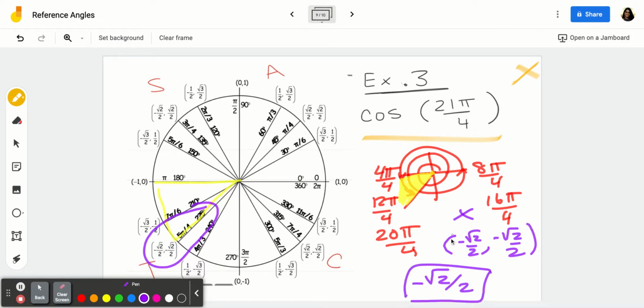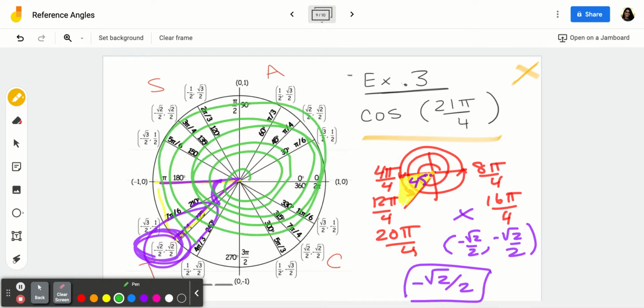Let's take a minute to understand what just happened. Again, we traveled around the circle many times, ended up here with a 45-degree or pi over 4 reference angle, which I'm using also right here. There's the 45 degrees or pi over 4 reference angle, and that's where these numbers came from. So again, if you kept going around the circle like this, it doesn't matter how many times you go, the minute you end up right here, back at this spot, you'll be using these numbers.